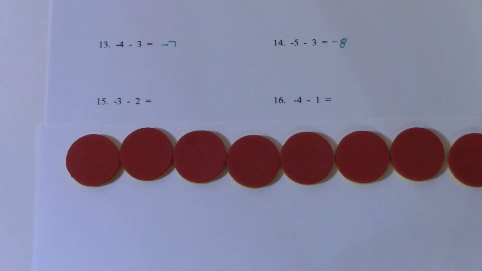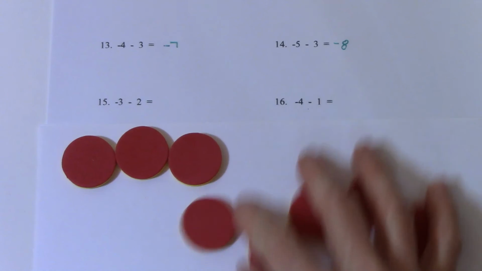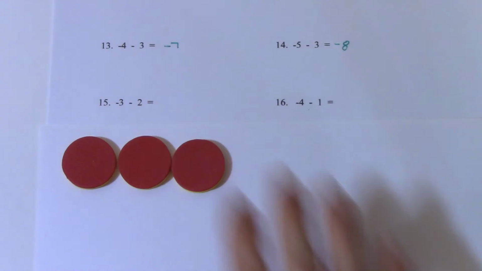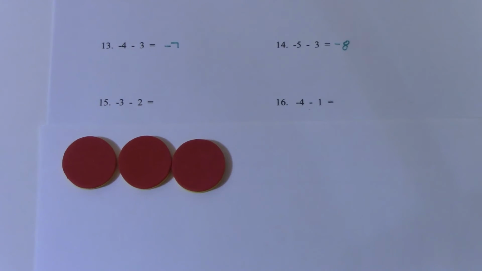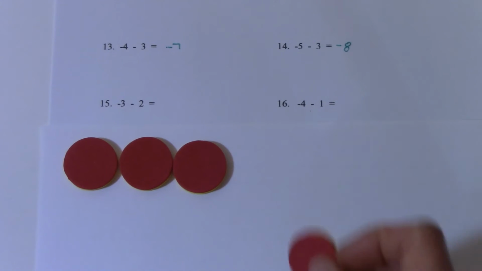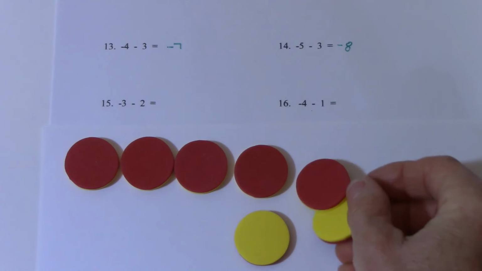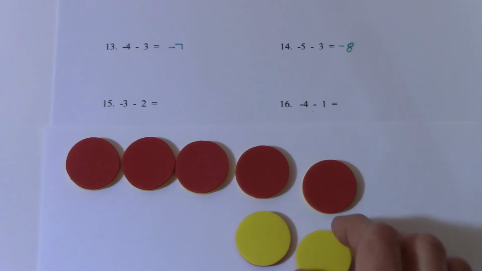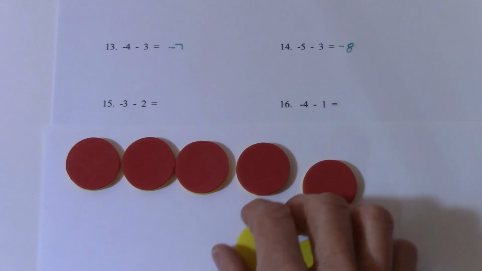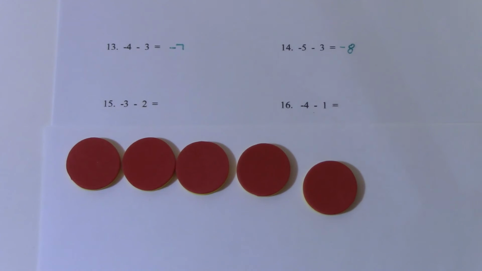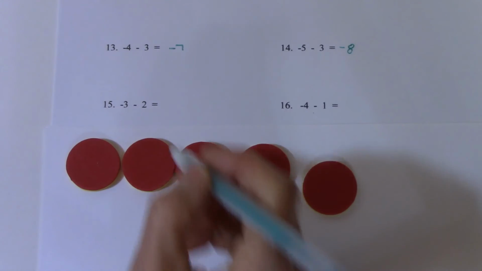The next problem, I have -3, and I'm going to take away 2. So I'm going to introduce 2 0 pairs. There's my 2 that I can take away now, and I'm left with -5.